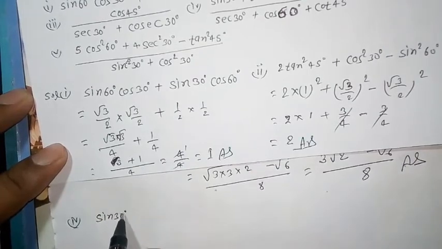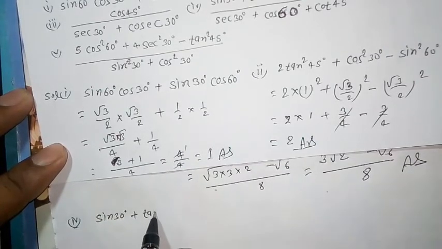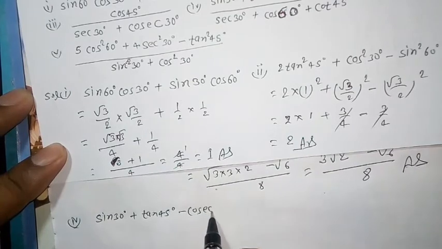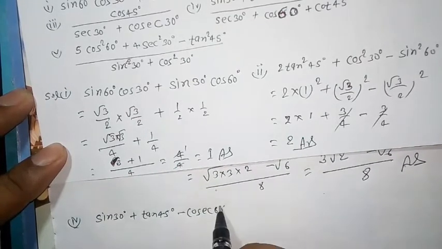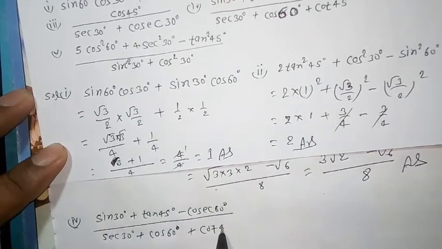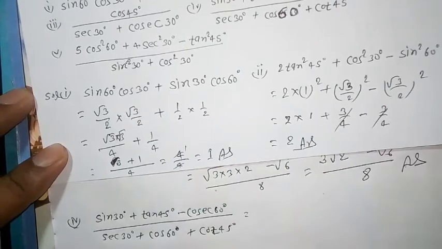Okay, question number 4. Sine 30 degree plus tan 45 degree minus cosec 60 degree by sec 30 degree plus cos 60 degree plus cot 45 degree is equal to.